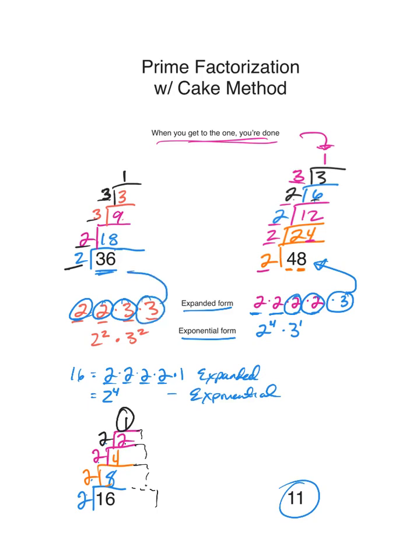Times 3 is 36. 2 times 2 is 4. Times 2 is 8. Times 2 is 16. When we get done, we can check, just by doing this simple math, to make sure our prime factorization equals that number. On your hundreds chart, you'll need to represent each number as expanded form or exponential form on the bottom of that number.